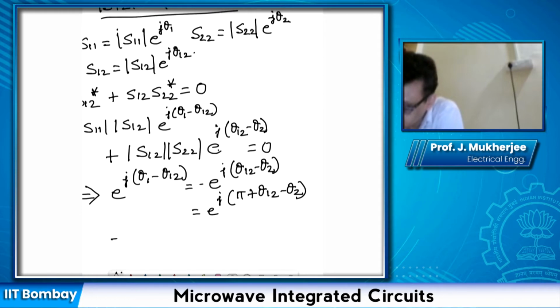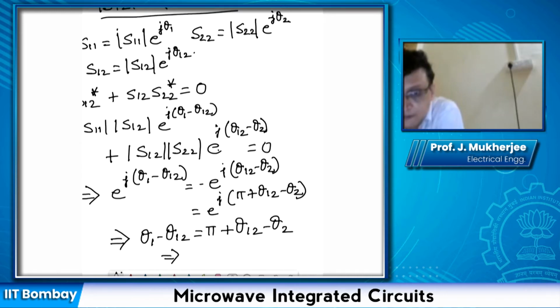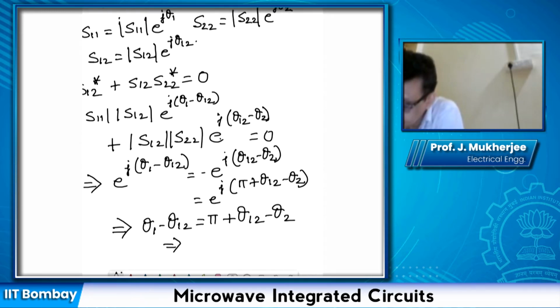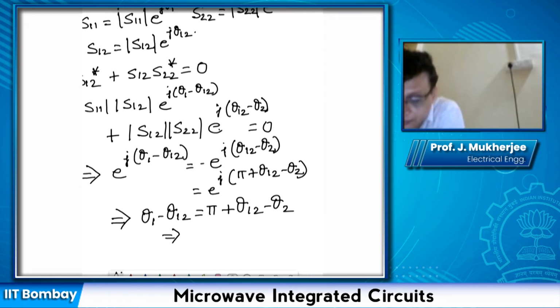So from here, if we equate the left hand side and right hand side, we get theta 1 minus theta 12 equals pi plus theta 12 minus theta 2.